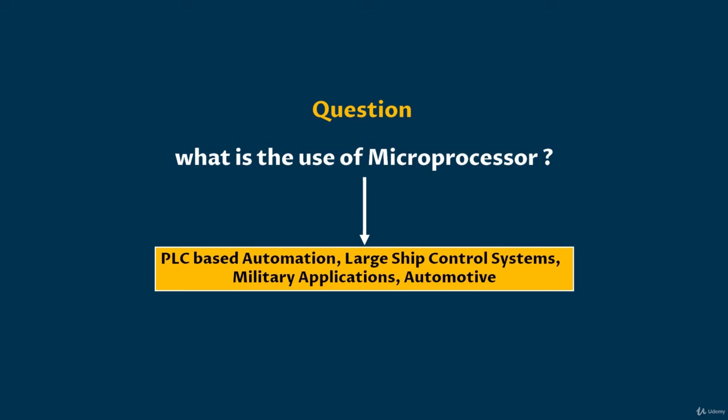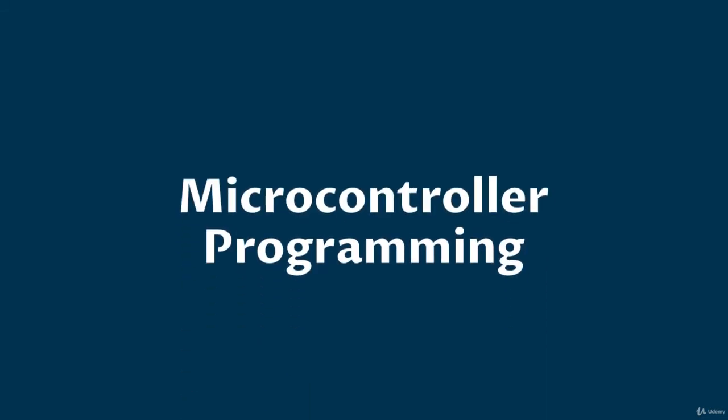In military applications, automotive, like in car dashboards, they use microprocessor. So where cost is not a concern, and where a large number of input outputs are required, there microprocessor is used.